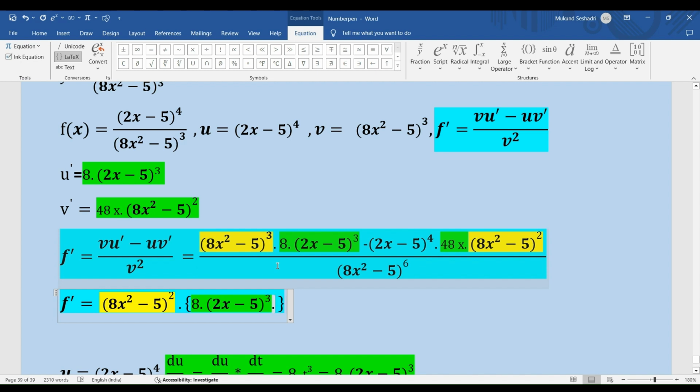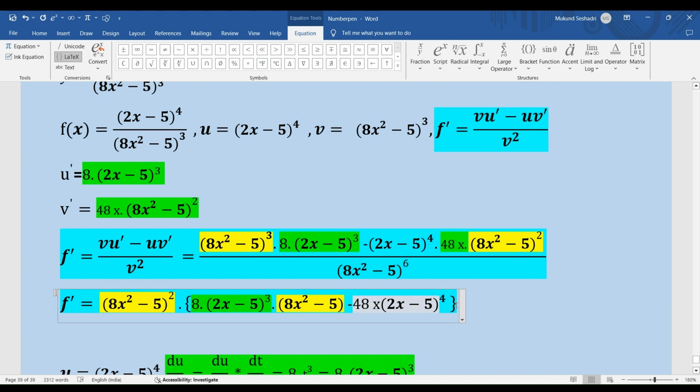Because I've pulled out 8x square minus 5 the whole square, but my first part of the numerator has 8x square minus 5 the whole cube. So then I still have one 8x square minus 5 in the first part of the numerator, which I write as it is. And then I come to the second part of the numerator, which is my 2x minus 5 the whole power 4, which I write as it is. And then I have already pulled out my 8x square minus 5 the whole square, so I do not have to do anything. So I have my 48x as it is.